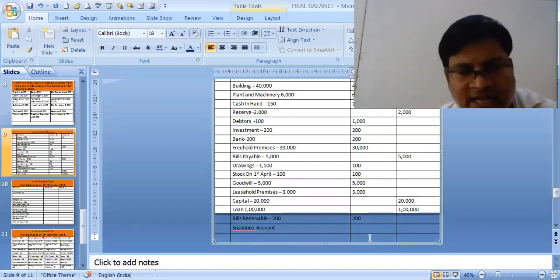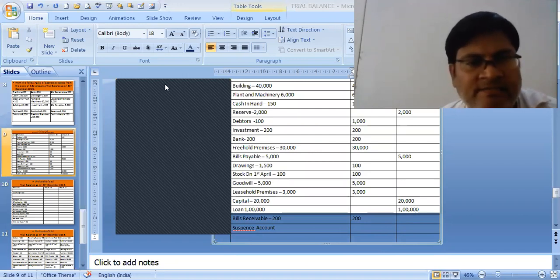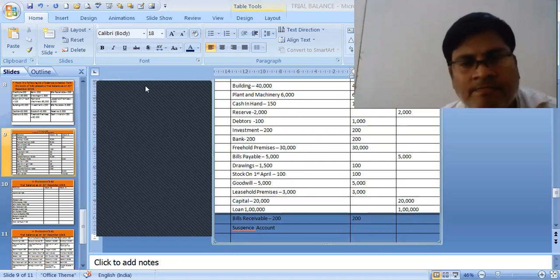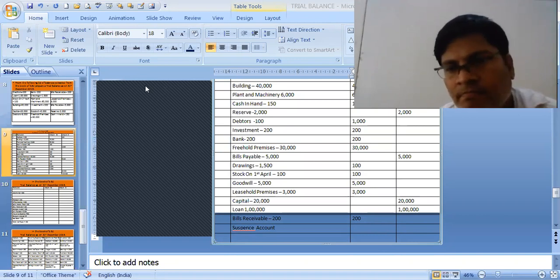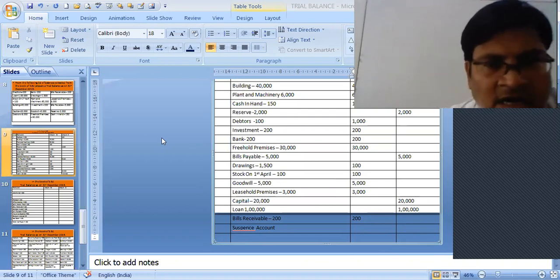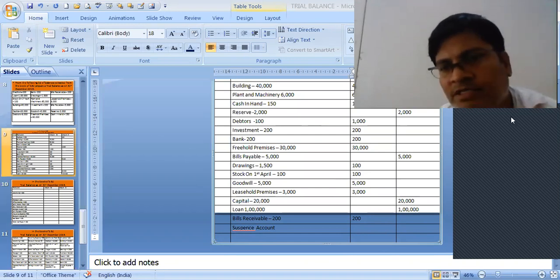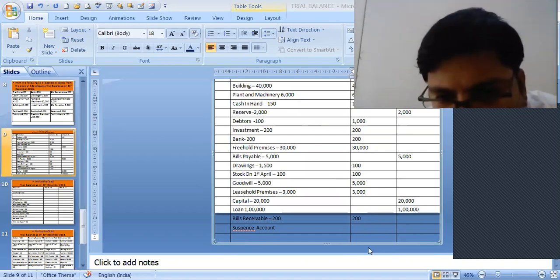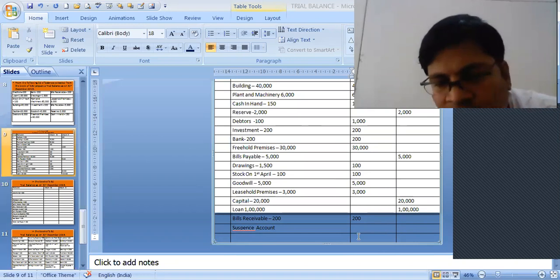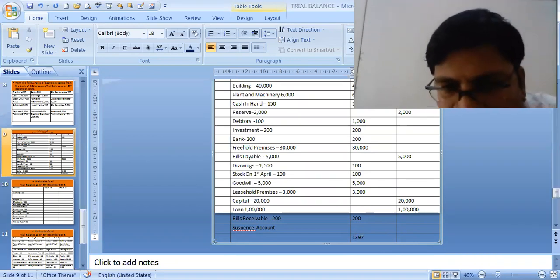Total of debit, let's do it through the calculator. Total of debit and credit. Total of debit is 139750.